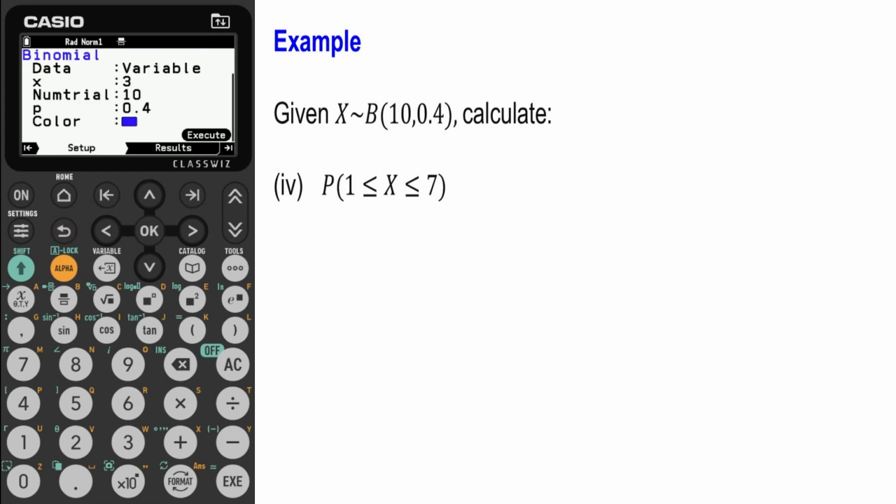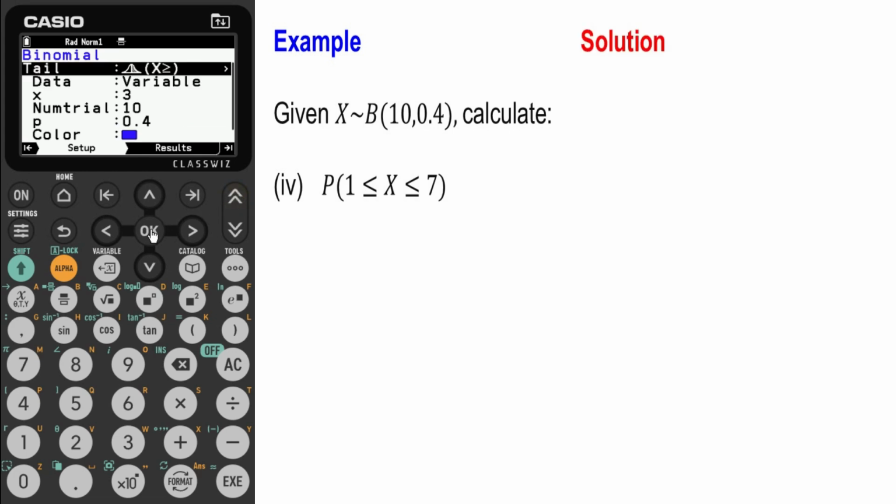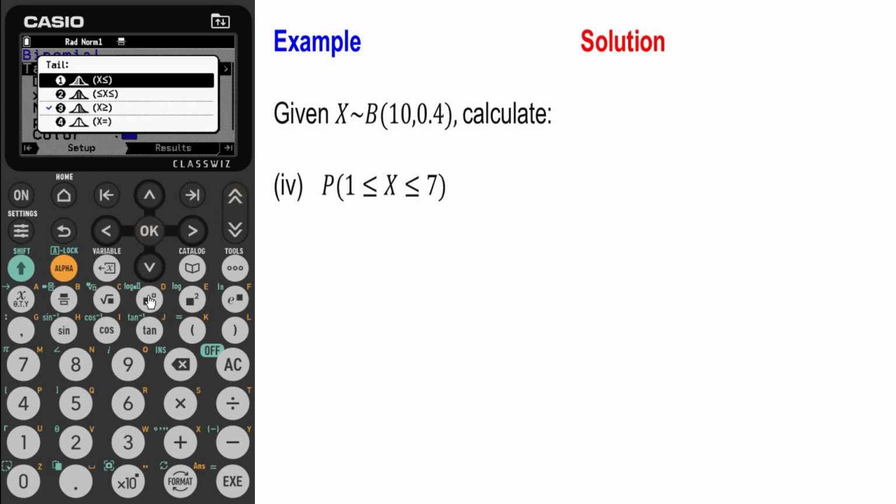For the fourth example, we have to calculate the probability that X is greater than or equal to 1 but less than or equal to 7. Let's change the tail to the second option.